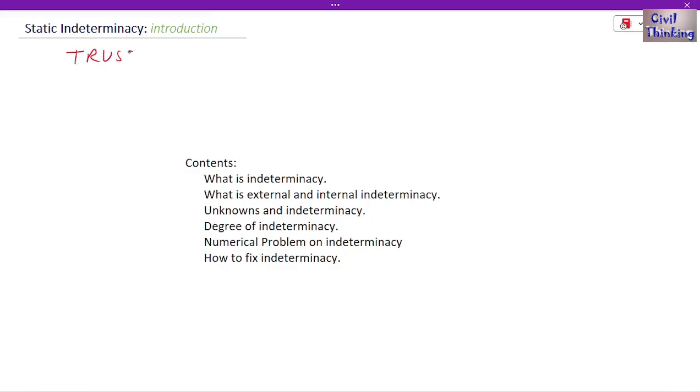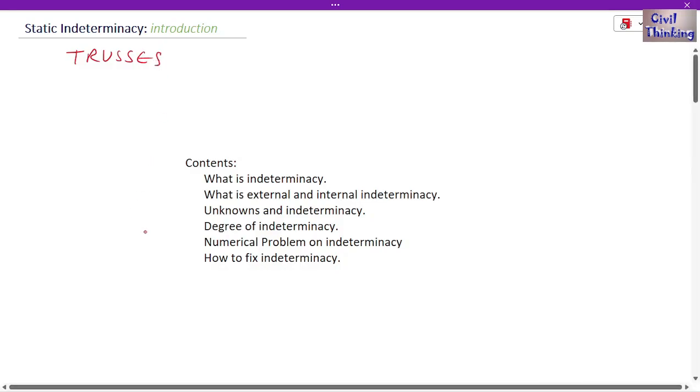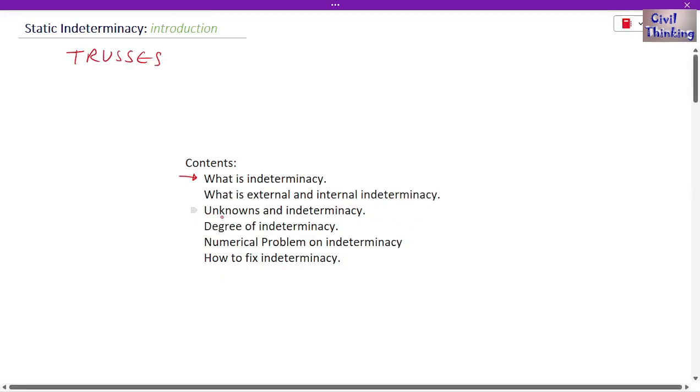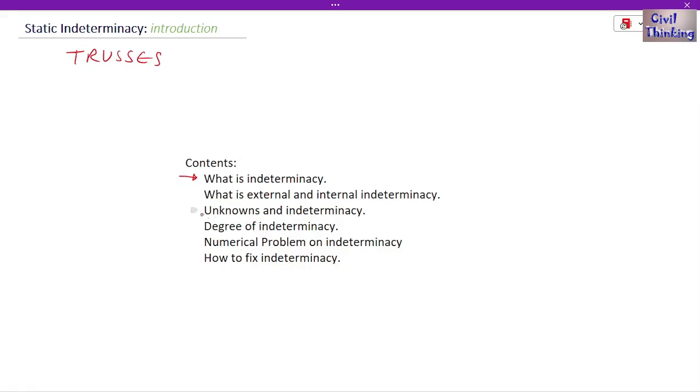In this lecture we will see what is indeterminacy, what is external indeterminacy, and what is internal indeterminacy, what are the unknowns in a truss, and how are they interconnected with indeterminacy, how to find the degree of indeterminacy, and then we will solve a numerical problem on indeterminacy, and we will see when a truss is indeterminate.